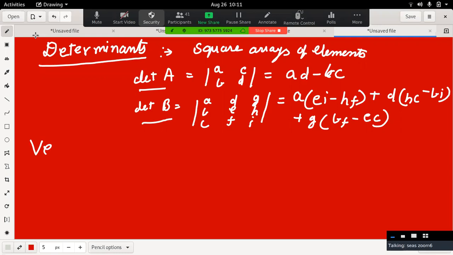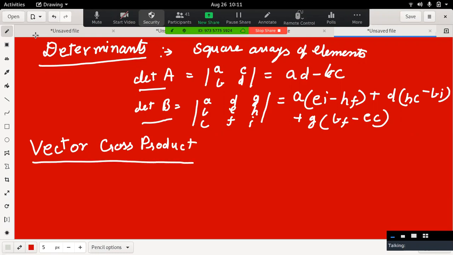Let's also discuss somewhat about cross products and dot products. So, the vector cross product. The cross product of vectors is a vector. If the output is a vector, then it becomes a cross product. The cross product of two vectors is a vector which is perpendicular to the plane.